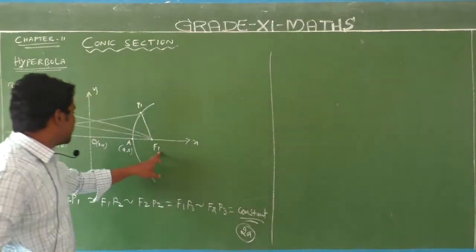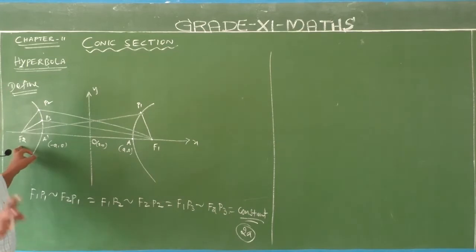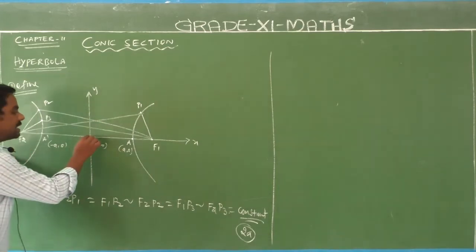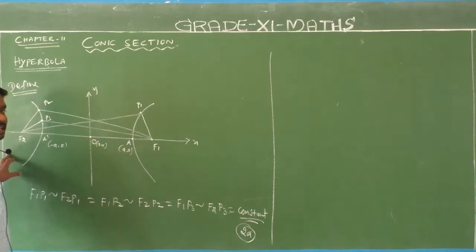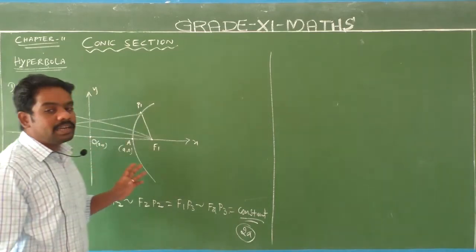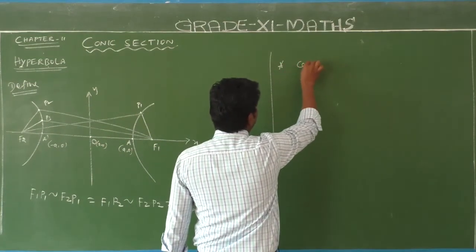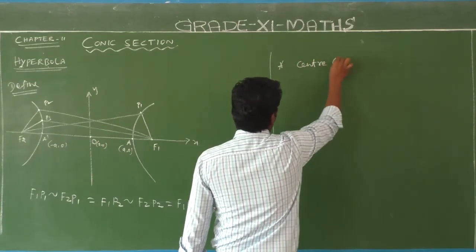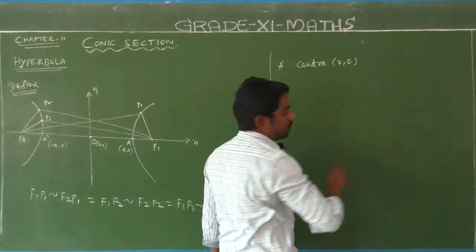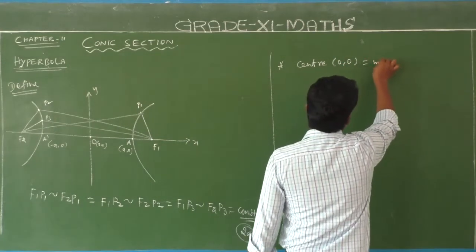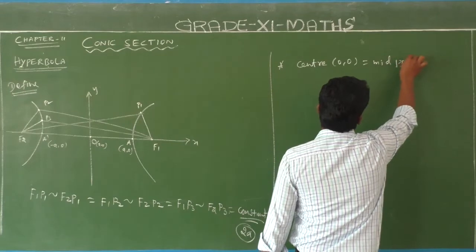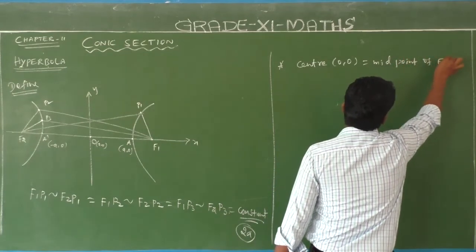Here F1 and F2 are the two foci. And what is the center? The center is the midpoint of F1F2. Center (0, 0) is the midpoint of F1 and F2.